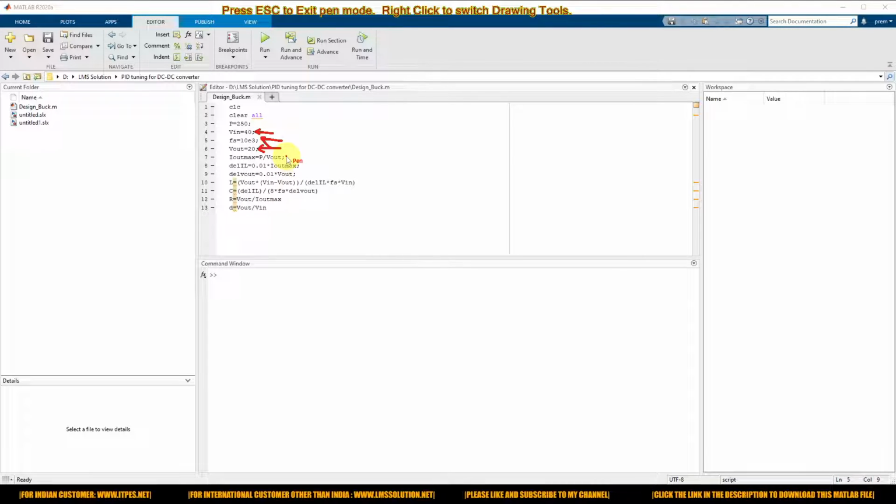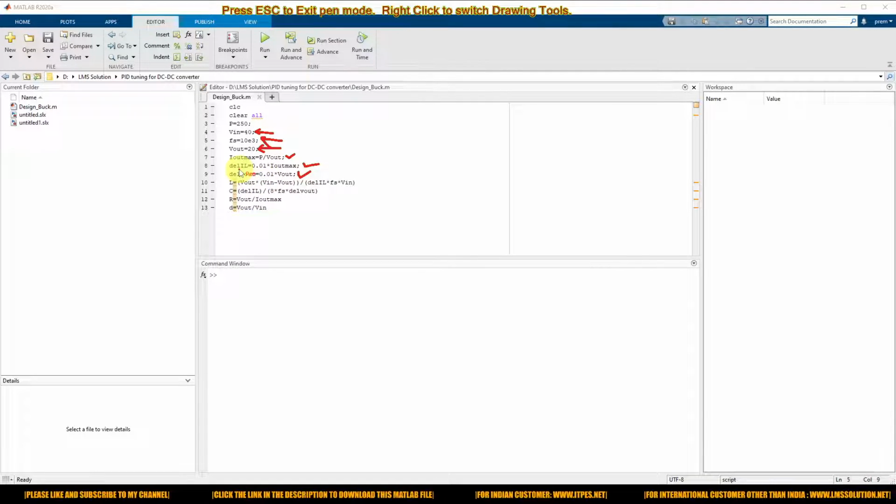So next we have to calculate IO max, so the maximum output current in the load side. Next we have to calculate the ripple inductor current. Next you have to calculate the ripple capacitor voltage.